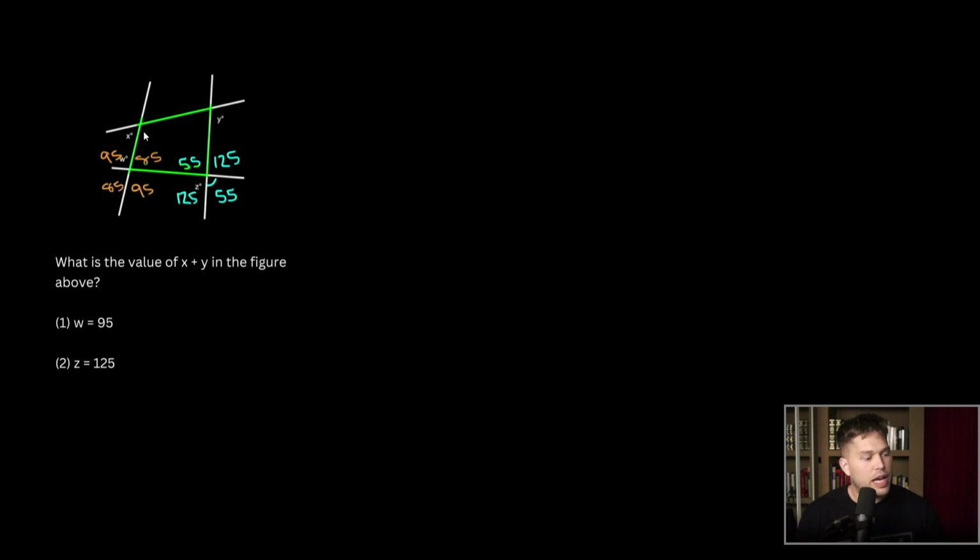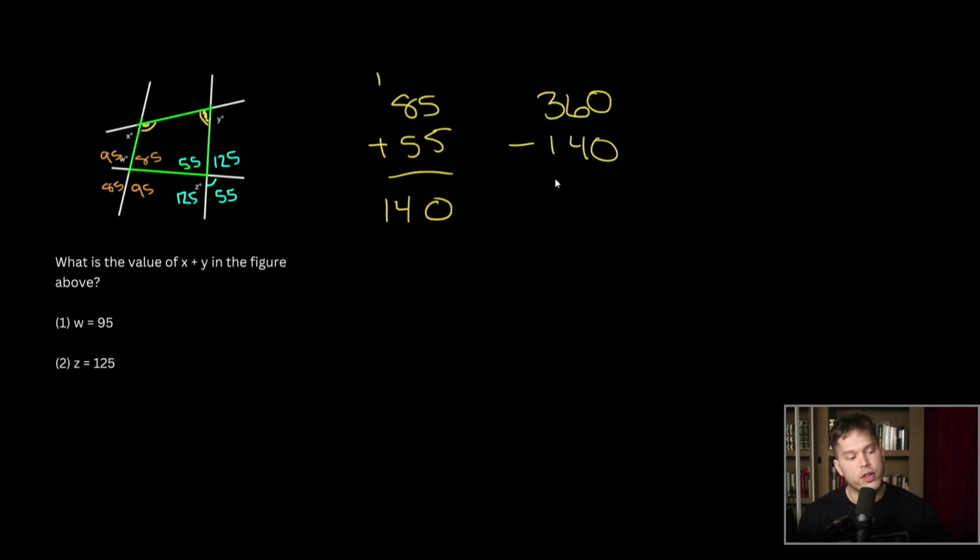And so while I don't know what these angles are independently, I do know what they would be together, because 85 degrees plus 55 degrees is 140 degrees. And so I know that both of these yellow angles combined must be 360 degrees minus the 140 degrees, leaving me with 120. So I know that these 2 yellow angles combined form an angle measure of 120 degrees.